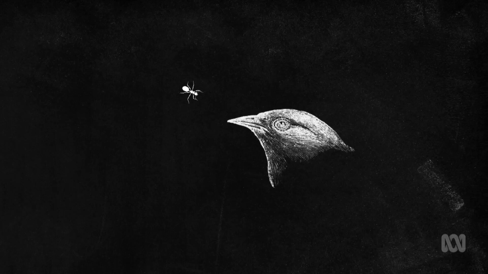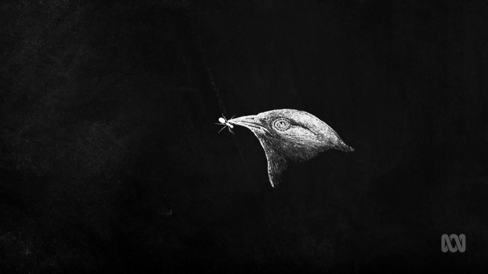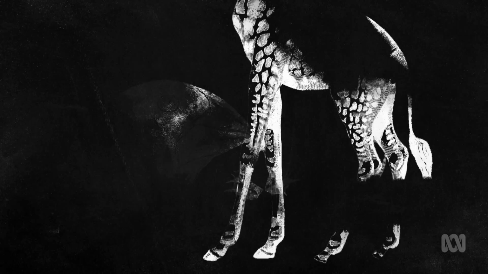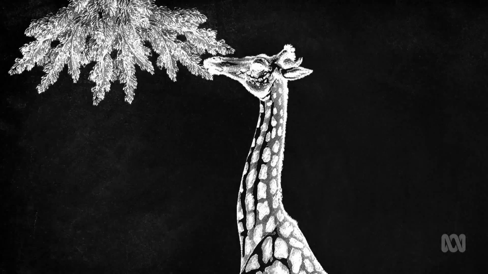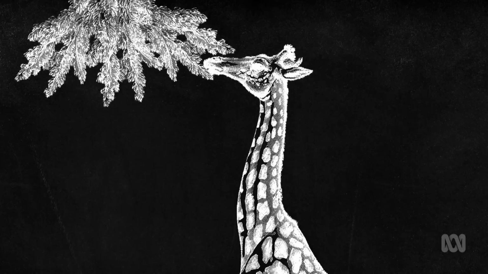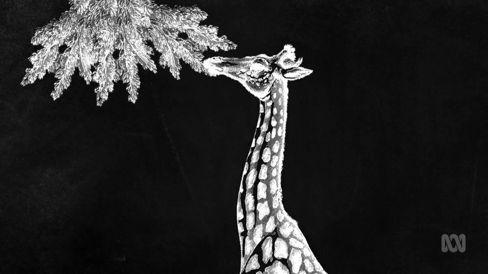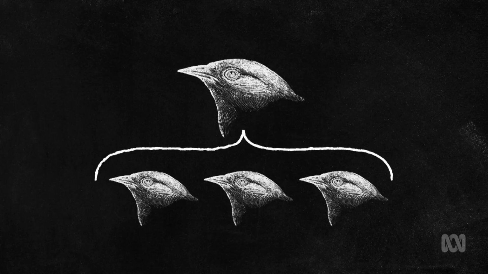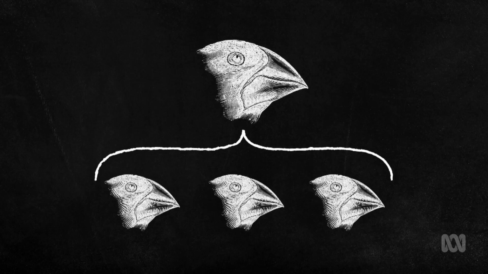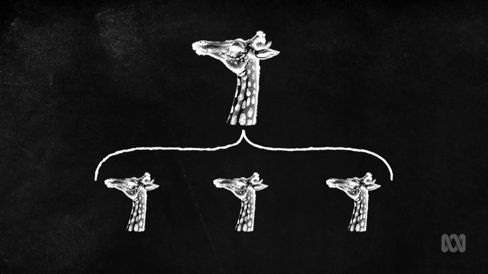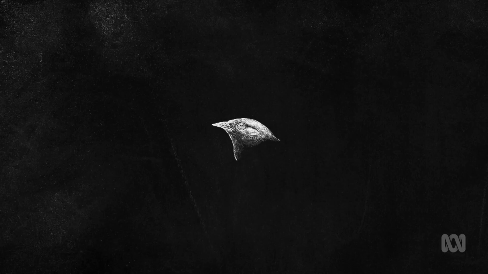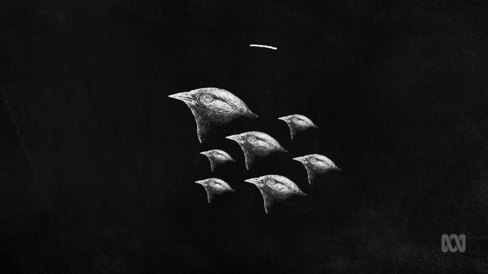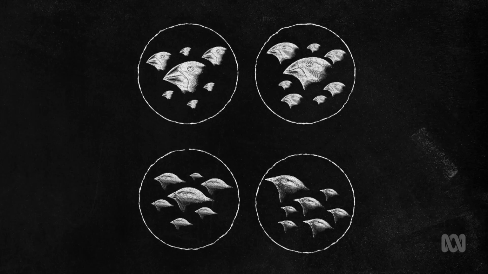It might be a slightly skinnier beak that's good at picking up insects, or a slightly stronger beak that's good at cracking nuts, or a slightly longer neck that's good for eating hard-to-reach leaves. Those animals are then more likely to eat and survive and have babies with skinny beaks or strong beaks or long necks too. Over a really long time, those tiny changes can become big changes in the population and give rise to a whole new species.